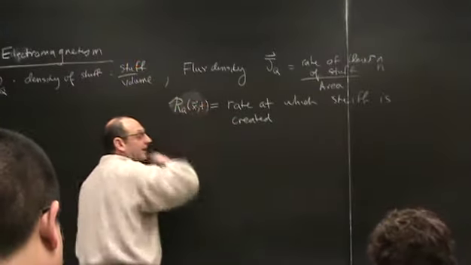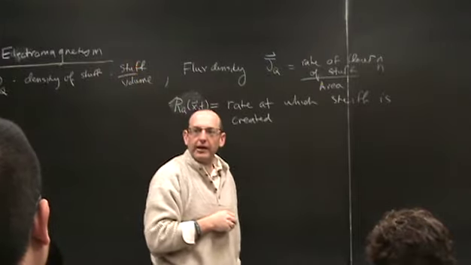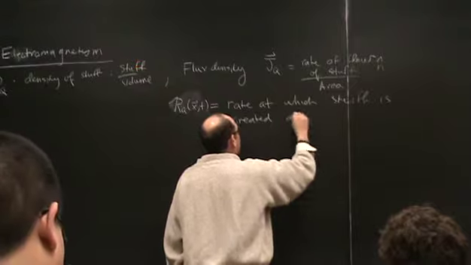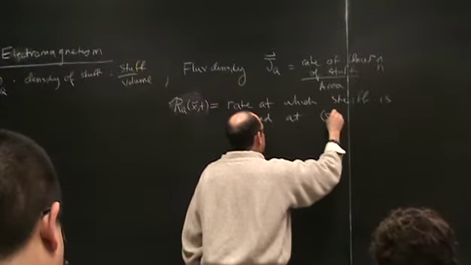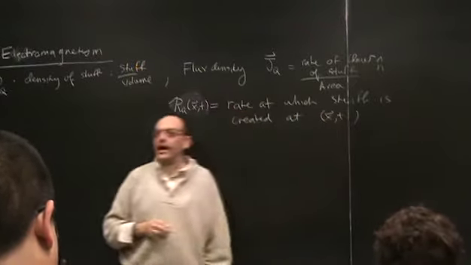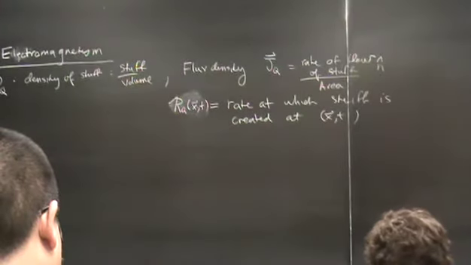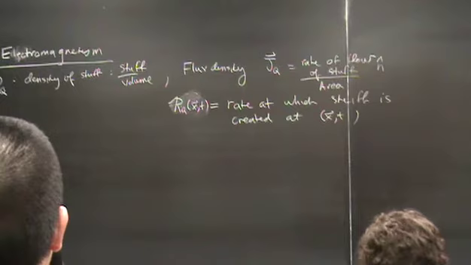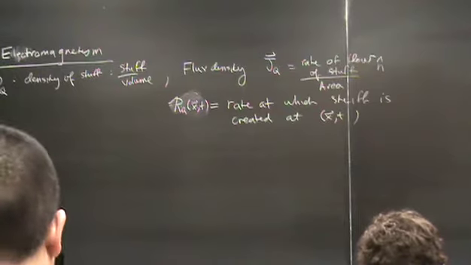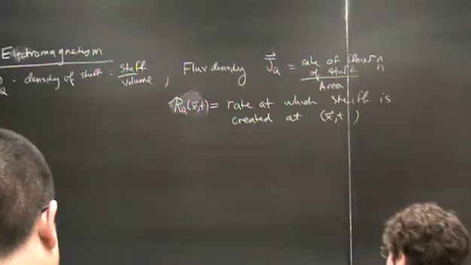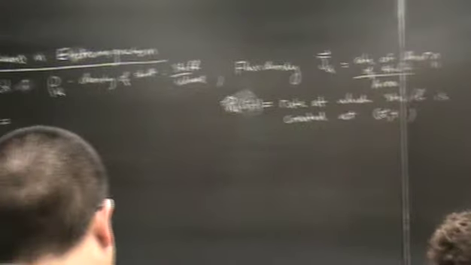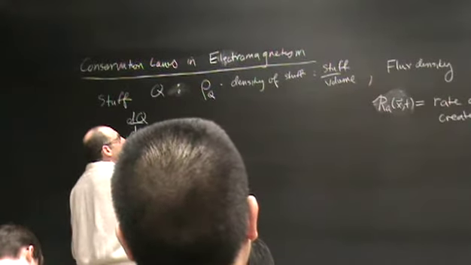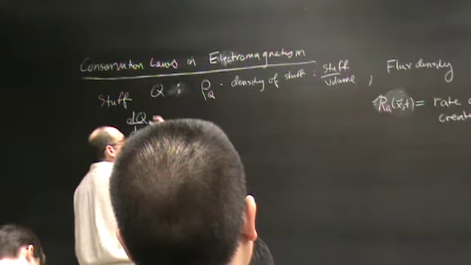So will these other quantities, but I just didn't explicitly write it there. Rate at which stuff is created at the space-time point x, t. Then I can write down a generic form of a conservation law. So the rate at which the stuff changes is equal to, well, it'll change if it flows.